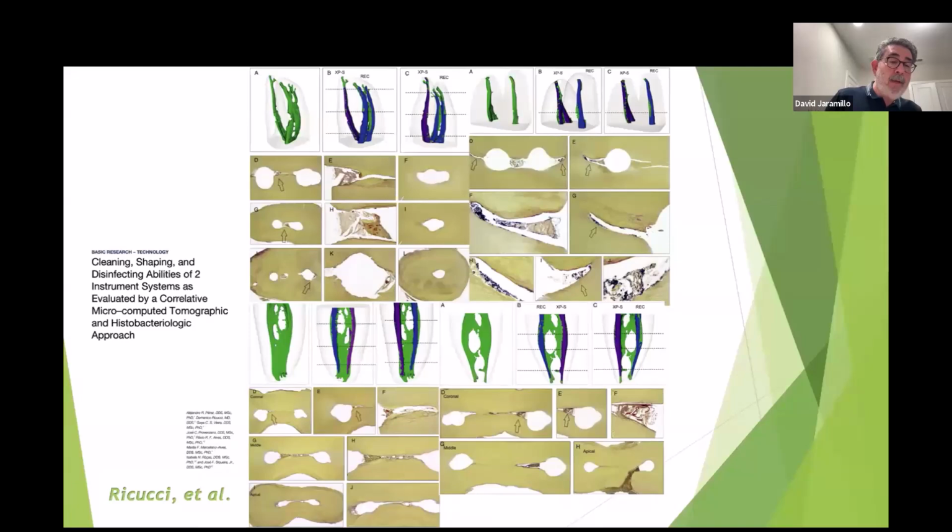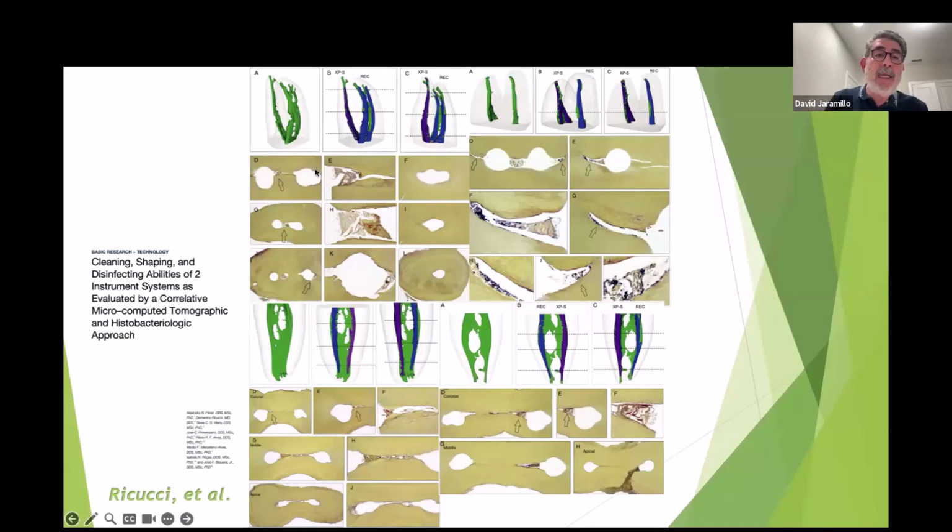But Dr. Siqueira had the philosophy of enlarging the root canal a little bit more. As you can see, this root canal preparation, these are big sizes, but at the same time, it doesn't matter if you use the blue or the gold or the pink alloy, you're still gonna have root canal transportation.